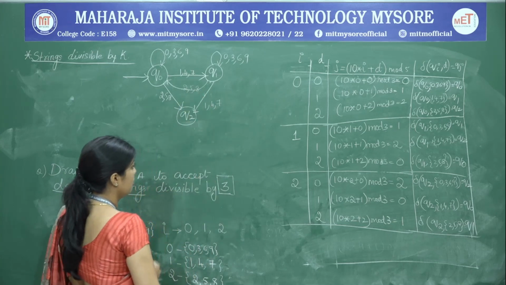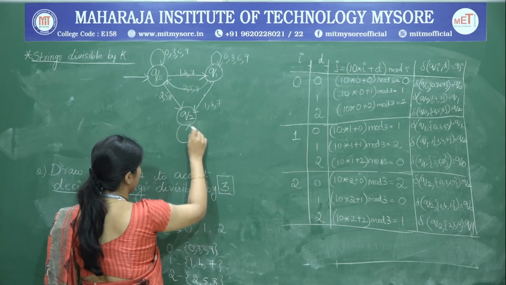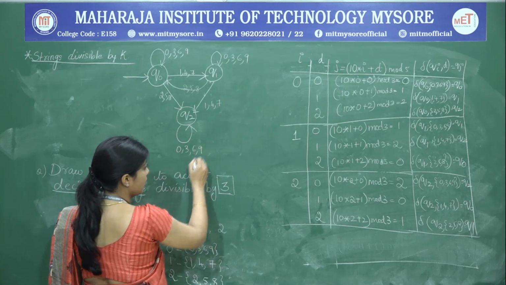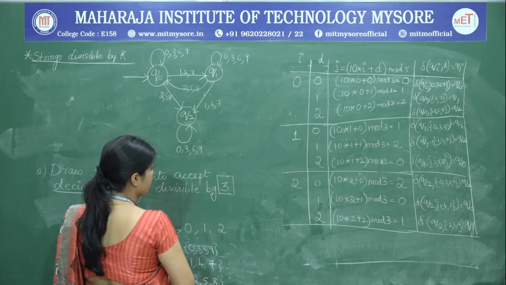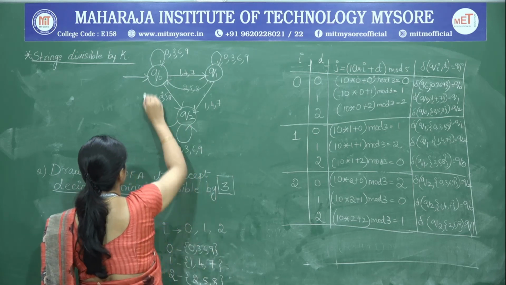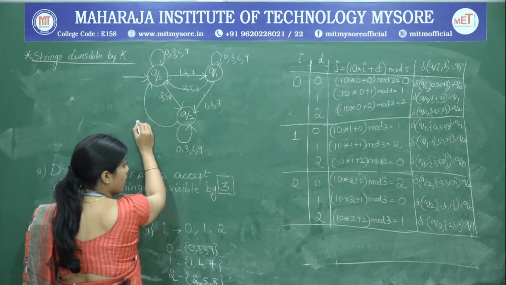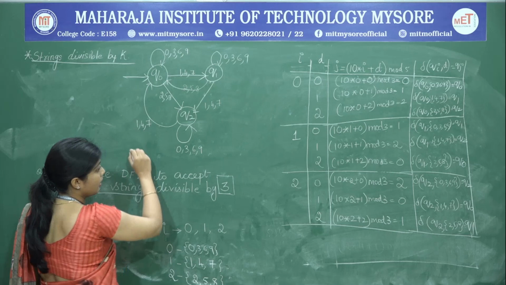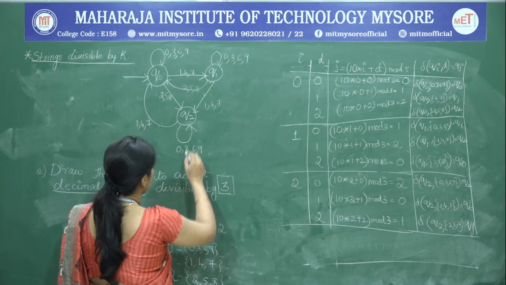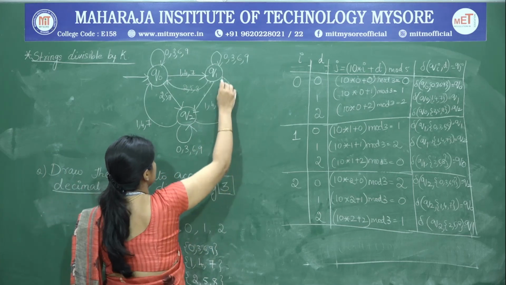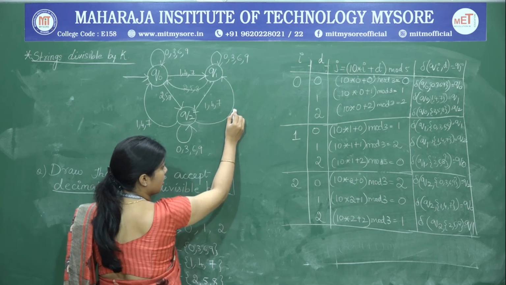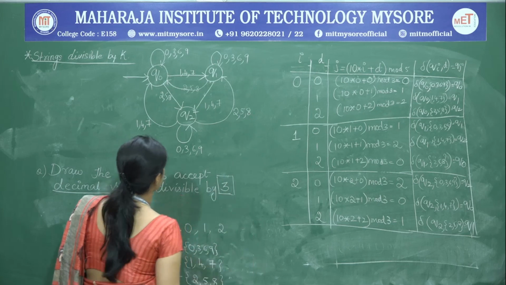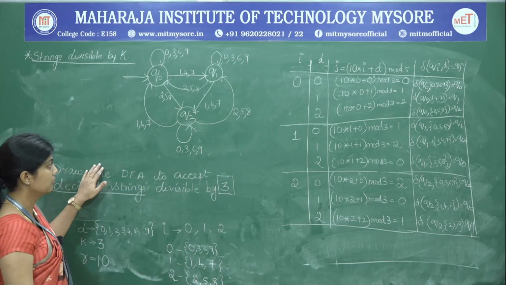Next again from q2, so q2 to q2 we have 0, 3, 6, 9. Next we have q2 to q0 on 1, 4, 7. Next we have q2 back to q1 on 2, 5 and 8. So this is the transition diagram.